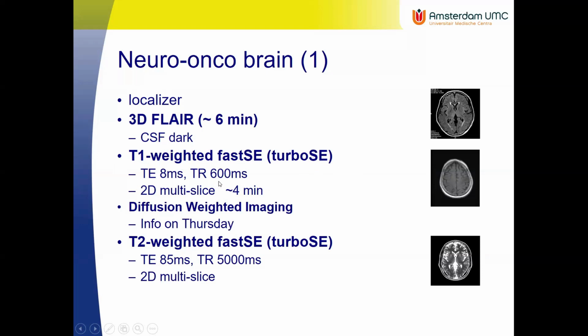So that has typically a short echo time, obviously, and a repetition time in the order of magnitude of the T1 of the tissue. And that would be around 4 minutes. We do diffusion weighted imaging, which you have already had the lecture about, so ignore that remark. Then we have the T2 weighted fast spin echo, which has a longer echo time, a longer repetition time.